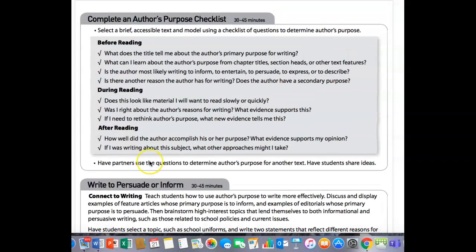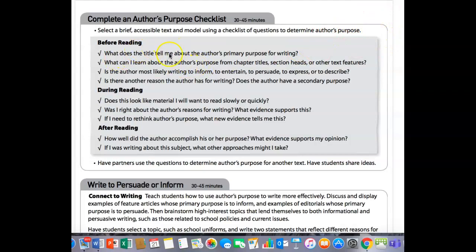So let's take a look. If you have your book in hand, before you start reading, what does the title tell me about the author's primary purpose for writing? If it was about Mars, then it would probably be to describe or teach you about Mars.